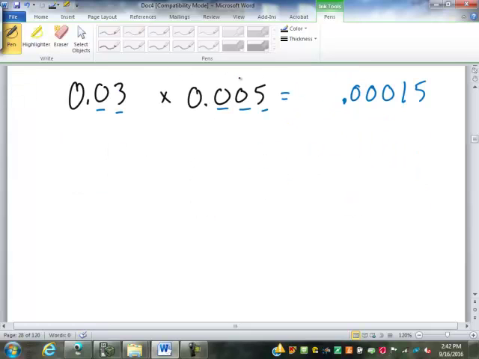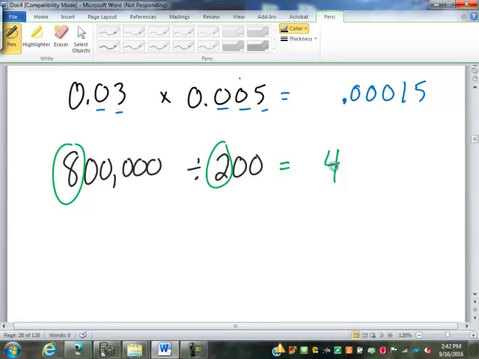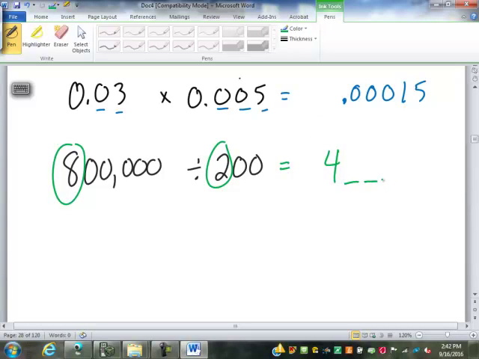When I had a division estimate like 800,000 divided by 200, I divided the numbers. 8 divided by 2 is 4. What did I do with the zeros? How many zeros am I going to end up with in my answer?